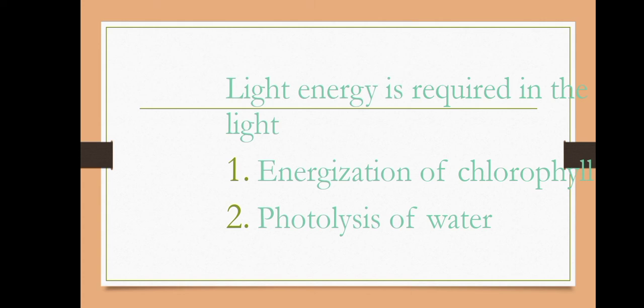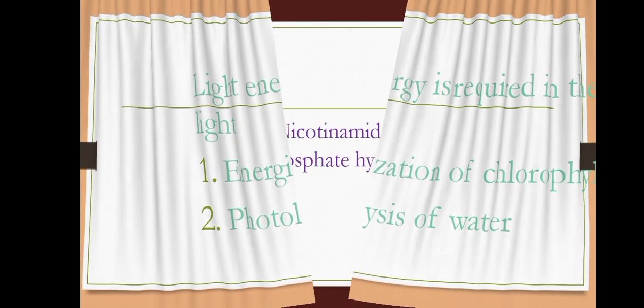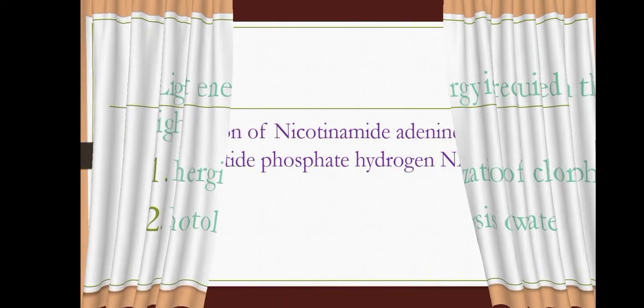The hydroxyl ion, OH-, gives up its negative electron to the chlorophyll molecule and forms water and oxygen. The oxygen here is given off as the byproduct. Now this will lead us to the 3rd stage of the reaction.